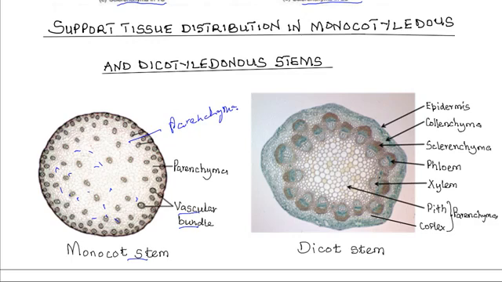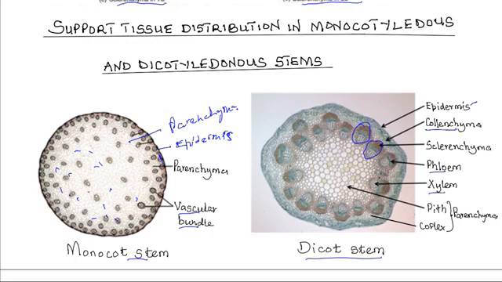Some monocots may have the collenchyma beneath the epidermis, but not all. The epidermis is the outermost layer, and beneath it you may have the collenchyma. While in the dicot stem, you have the epidermis, then beneath it is the collenchyma, then the vascular bundles consisting of the phloem and the xylem.